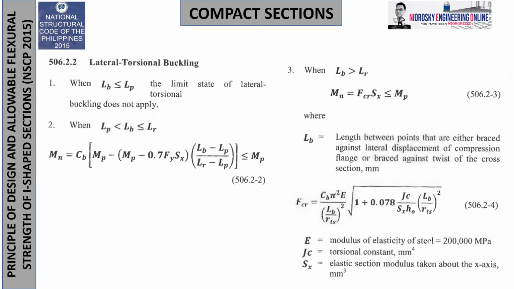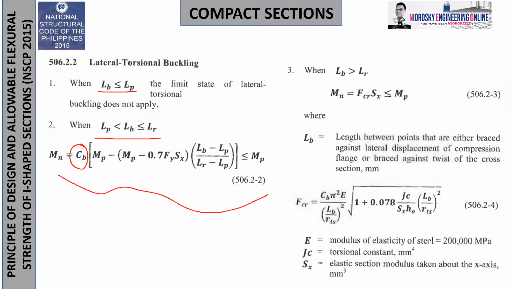Ngayon, for lateral torsional buckling, 506.2.2, may tatlong criterion. If L sub B is less than or equal to L sub P, you don't need to compute the lateral torsional buckling. Pero kapag nasa pagitan ka ng L sub P, L sub B, at L sub R, so you need to compute this equation. So, madali naman. Kaya may participation yung C sub B natin.